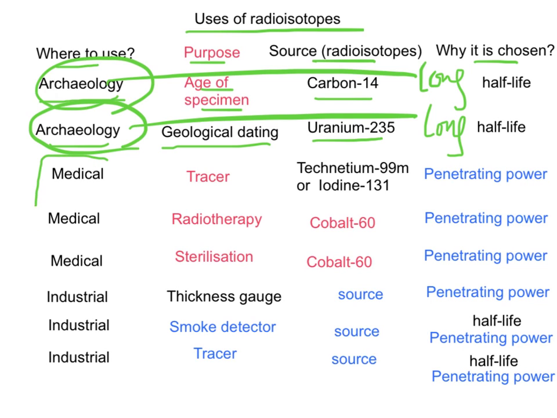In the area of medical, we use radioisotopes as tracer. Examples of source are iodine-131, technetium-99, or sodium-23.